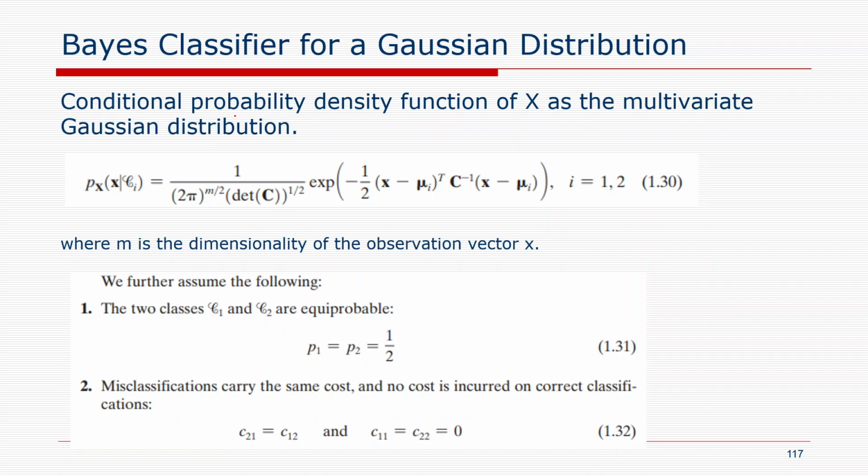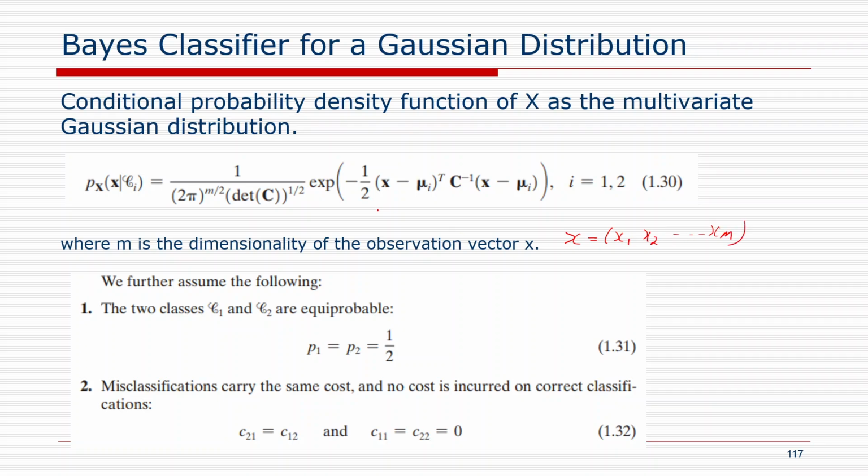Now, we'll consider the conditional probability density function of X as a multivariate Gaussian distribution. Because when we take the input feature vector, it is m-dimensional and it will have m features, that is x1, x2 up to xm.